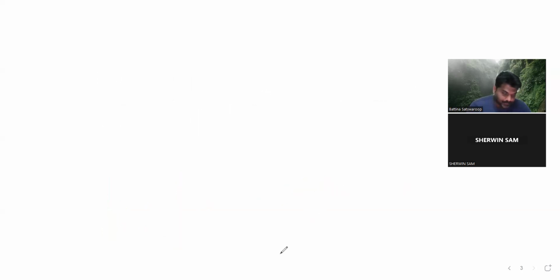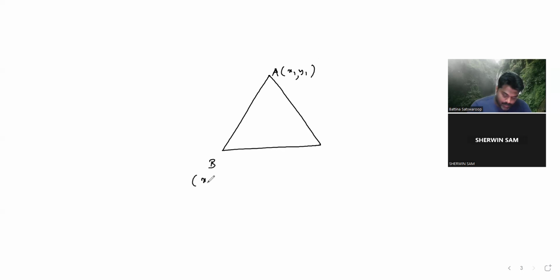Next, let us say they give you one triangle and ask you to find the area of the triangle using determinants. Let us say this is A (x1, y1), this is B (x2, y2), this is C (x3, y3). So what would be the area of the triangle?